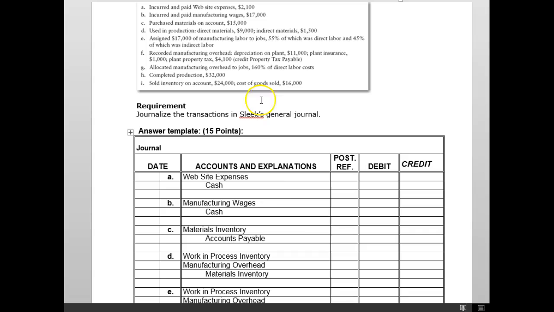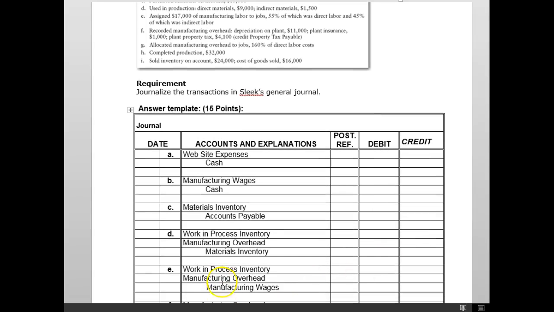You purchased materials on account. You're going to increase materials inventory, and you're going to credit to increase your accounts payable by $15,000. You have work in process. Let's see, D. Work used in production. Direct materials, $9,000.